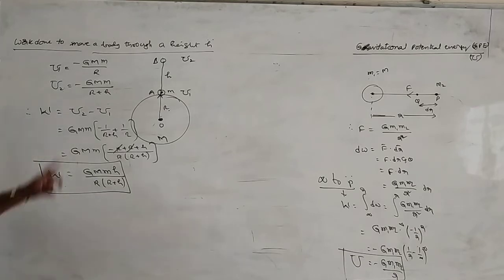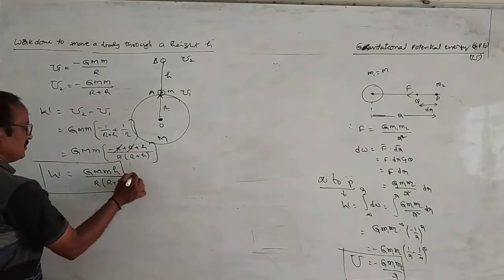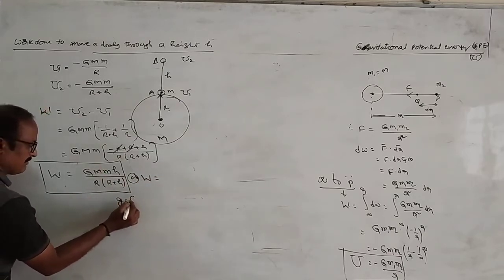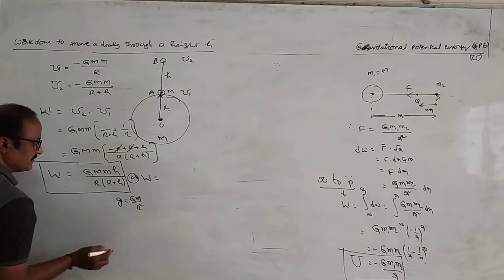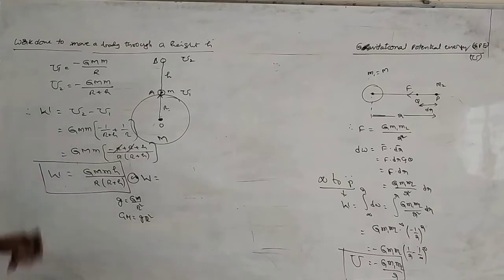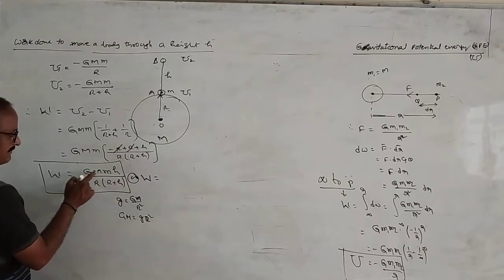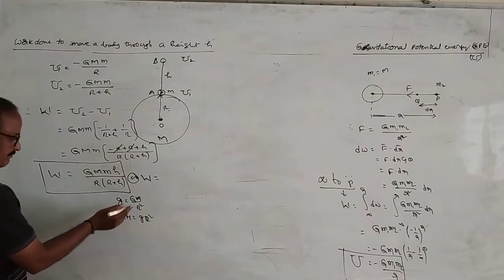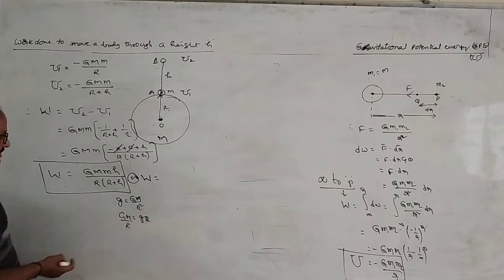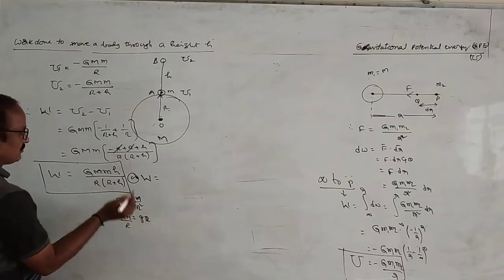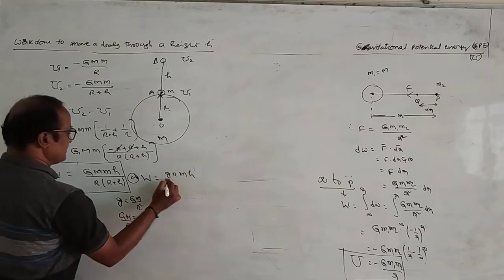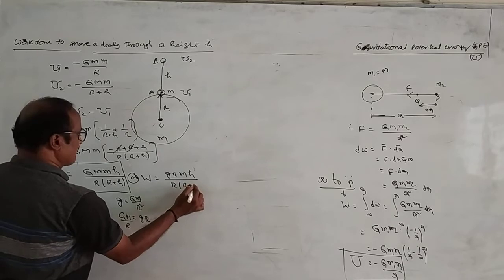This is the formula for work done to move the body to a height h above the ground. Once again, on the surface of the earth g is equal to GM by R square, so GM is equal to g R square. Substituting this, G M m h by R into R plus h becomes g R square m h by R into R plus h.